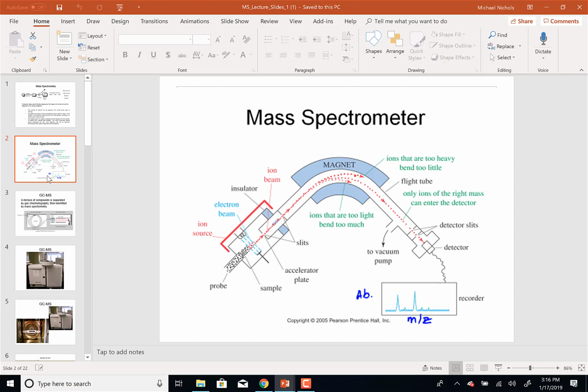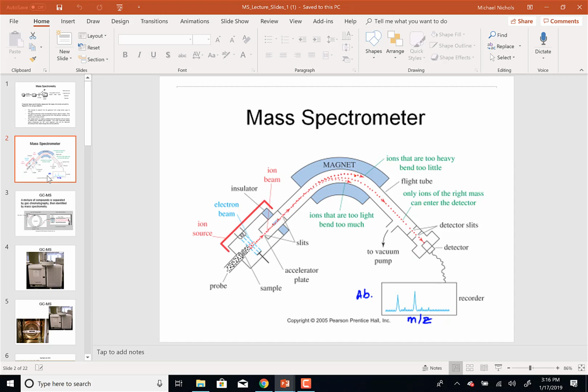You can move ions around pretty easily. You want them to go into the tube. You put like a positive charge on this, a negative charge on this, the positively charged species will go right to it. Put a little pinhole. Everything that smashes on the outside doesn't make it in. Everything that makes it in comes in a straight line. So then the ions come in, and then they go into a magnetic field. Anything with a moving charge has a magnetic field.